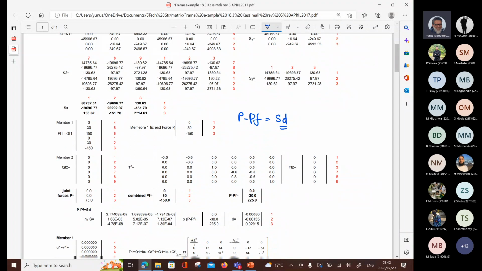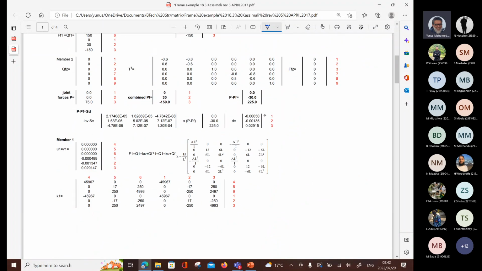And then you work out the displacements, and here it tells me the displacements. Number 1, which is horizontal, is 0.5 millimeters. 2 is the vertical, and that one is a positive direction, so it means it's actually that way.